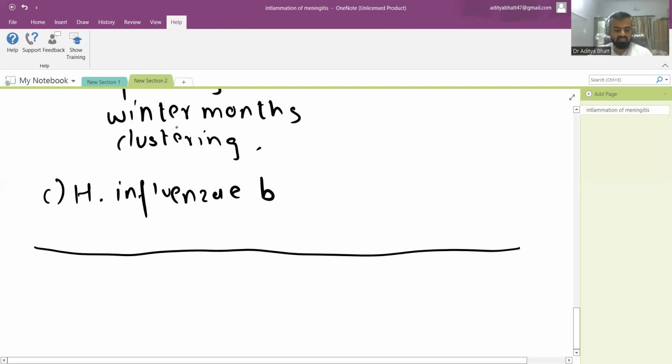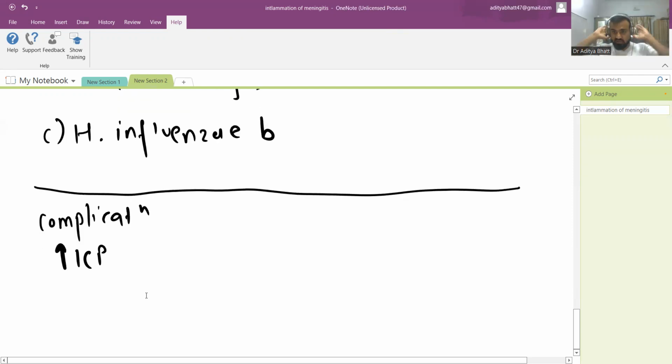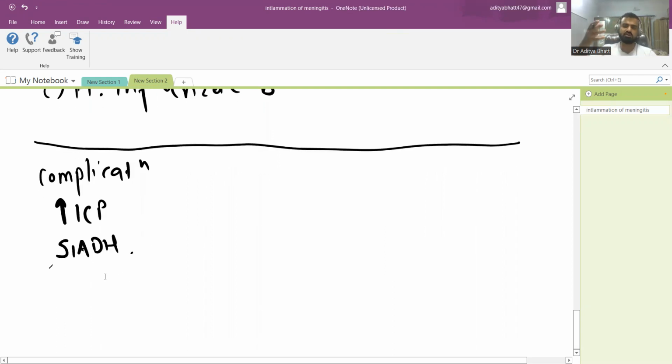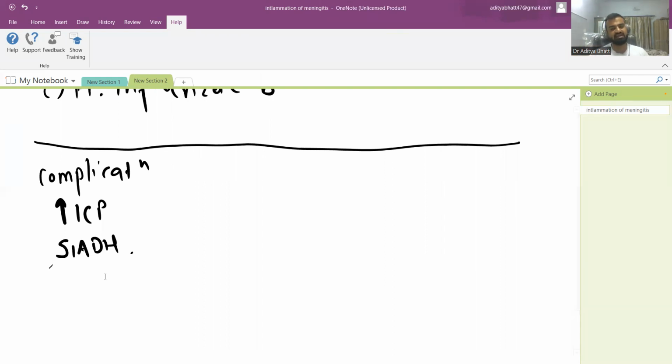So what are the complications or the pathology of meningitis? First is increased ICP. We all know it might cause blockage, cerebral edema, and inflammation. There is SIADH. It is historically more seen with tuberculous meningitis, but it may be seen in all patients.